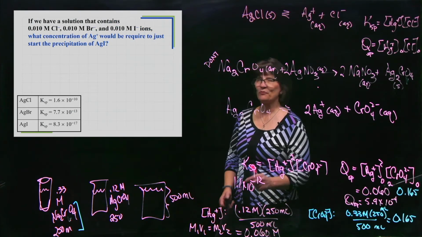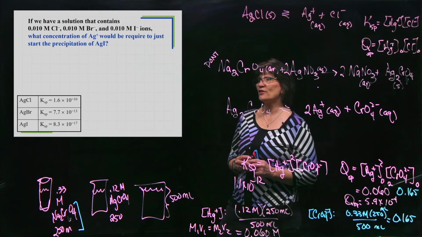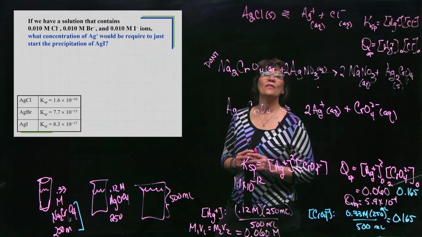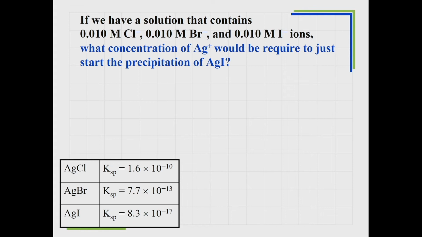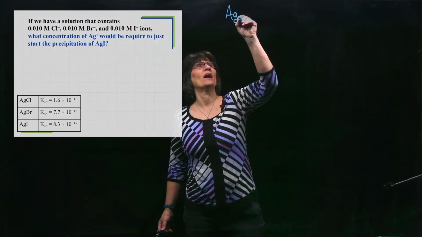As soon as I come back from an erased board, we're going to work on determining what concentration of silver is required to make that precipitate form. So now we're going to actually determine the concentration of silver that's going to start the precipitation of silver iodide. So I want to form a precipitate of silver iodide.